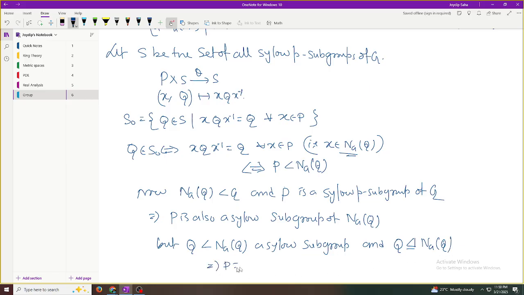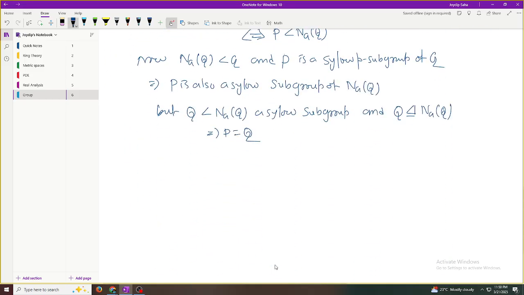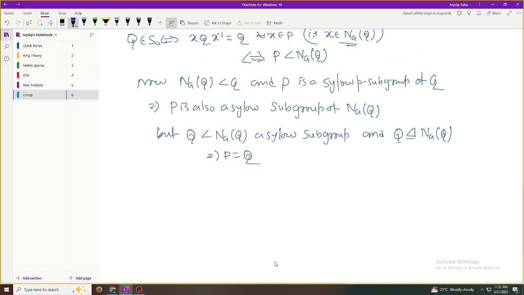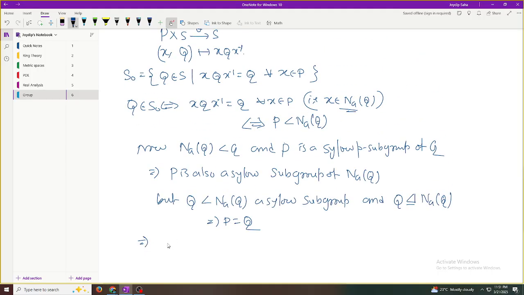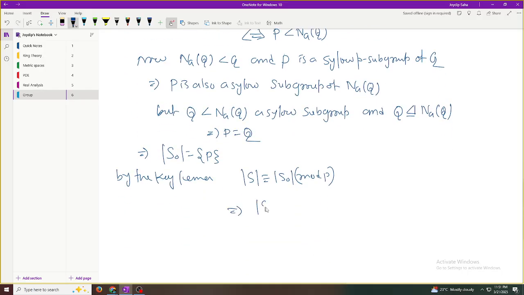This implies P equals Q. You know that if Sylow P subgroup is normal, then they are equal, right? Therefore, what happened is cardinality S0 is singleton P. So by the key lemma, cardinality S is congruent to cardinality S0 modulo P. This implies cardinality S is congruent to 1 mod P, and we have the proof.